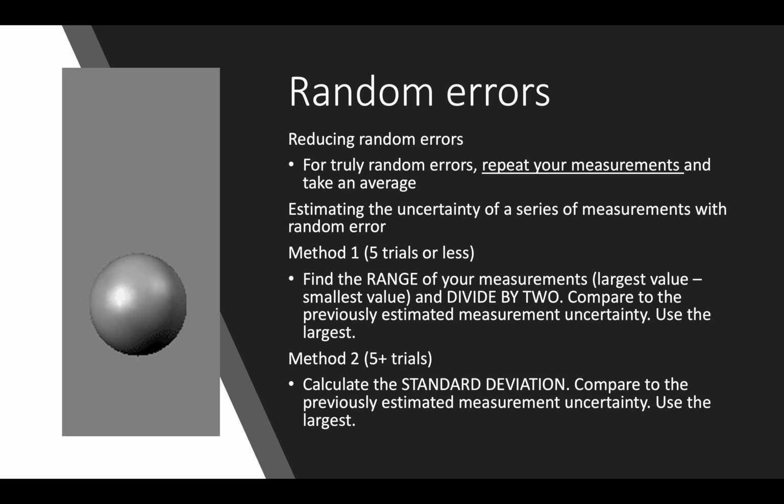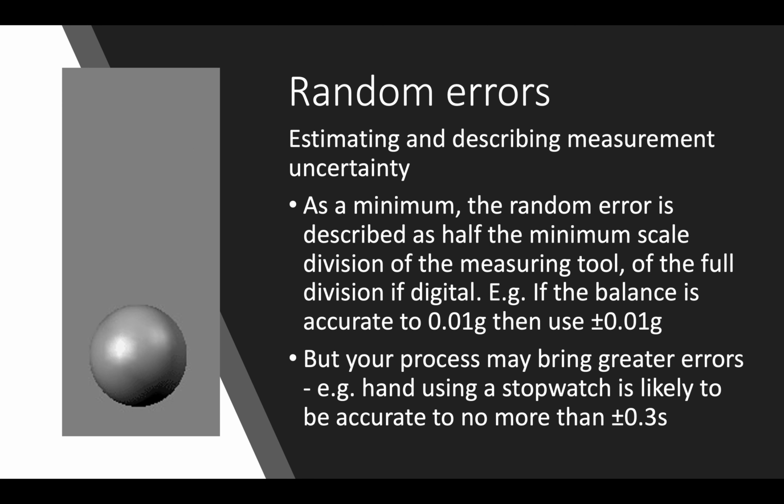Whatever you do, you always choose the maximum possible random error, the maximum possible uncertainty. We'll see what I mean in a second. So find the range of your measurements, largest value minus smallest value, and divide by 2. And that is the plus minus value you use, as long as that is larger than the measurement uncertainty you worked out here.